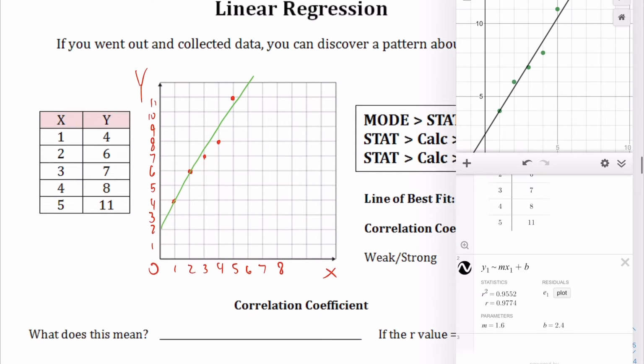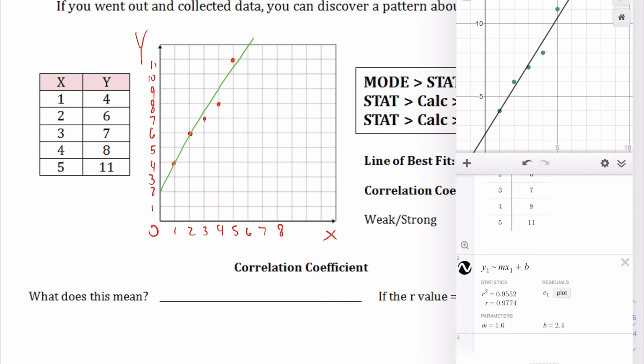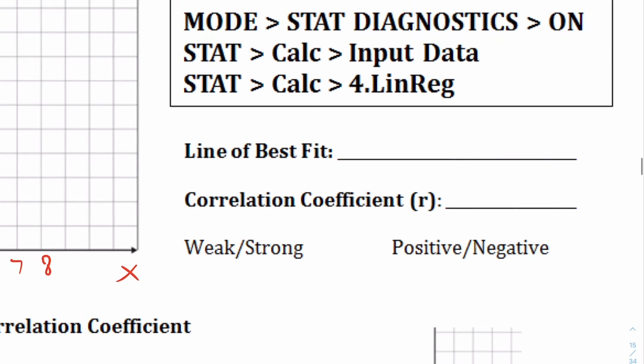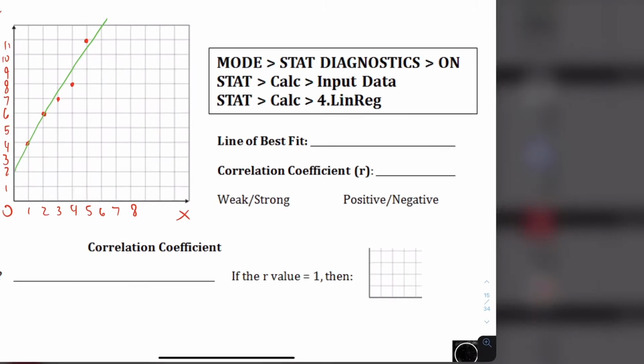Okay, so let's see what else our notes want us to do. Oh no, don't cancel. Get out of there. It wants us to write the line of best fit equation, and it wants us to write the correlation coefficient. So let's do the correlation coefficient first, because that's the easy part.